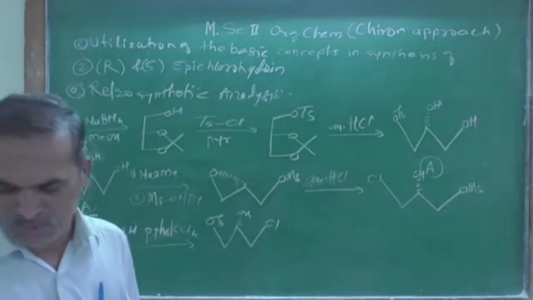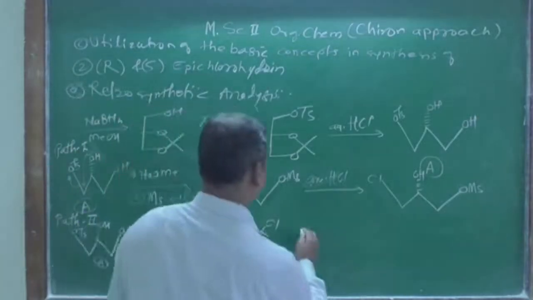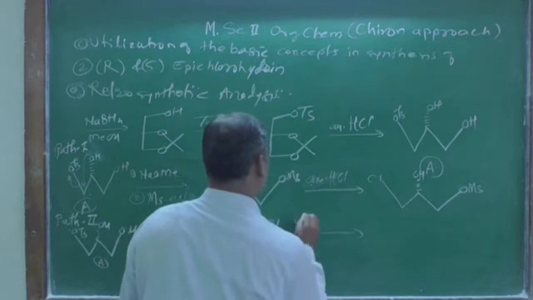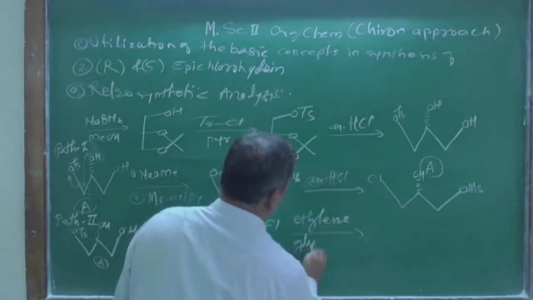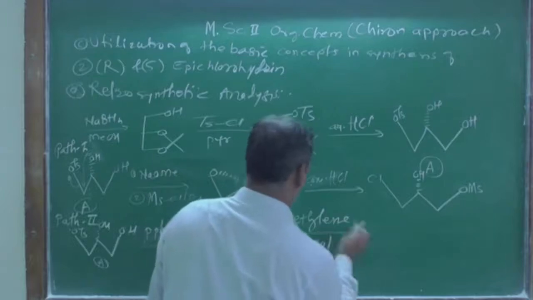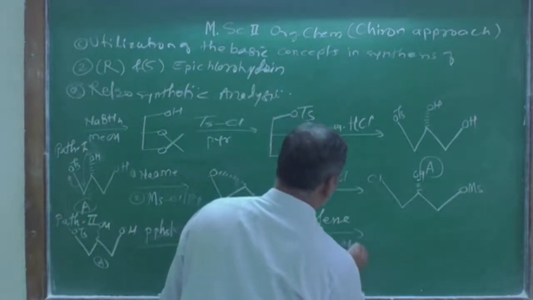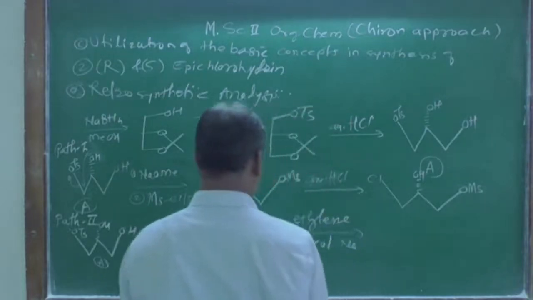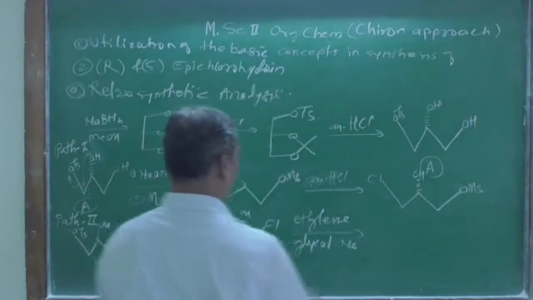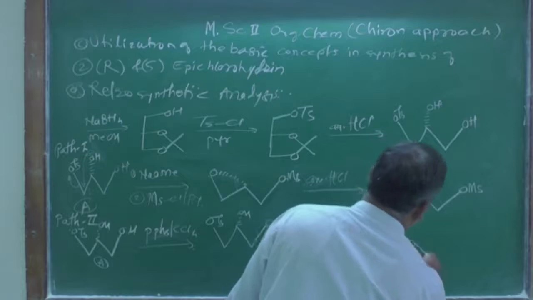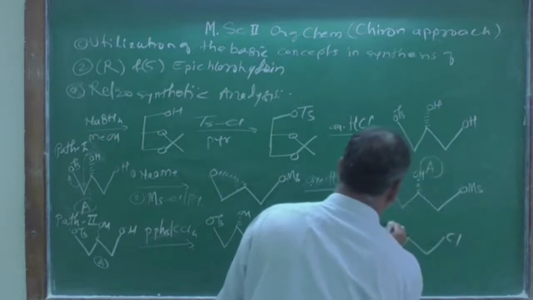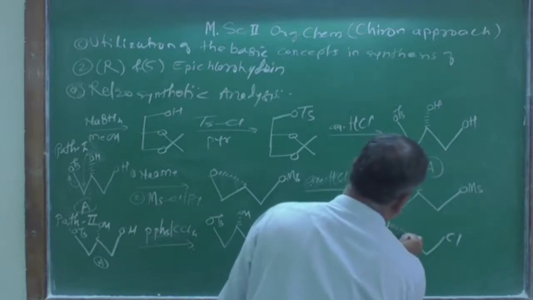After that, now I am cleaning this one. Now here you use ethylene glycol in presence of sodium. What are you going to get? Then again the formation of the epoxide over there, and you get this epoxide over here.